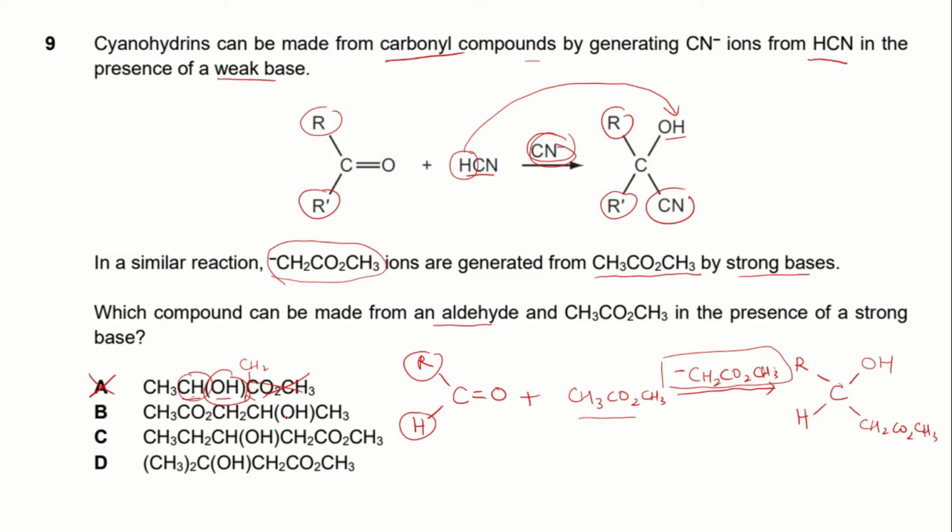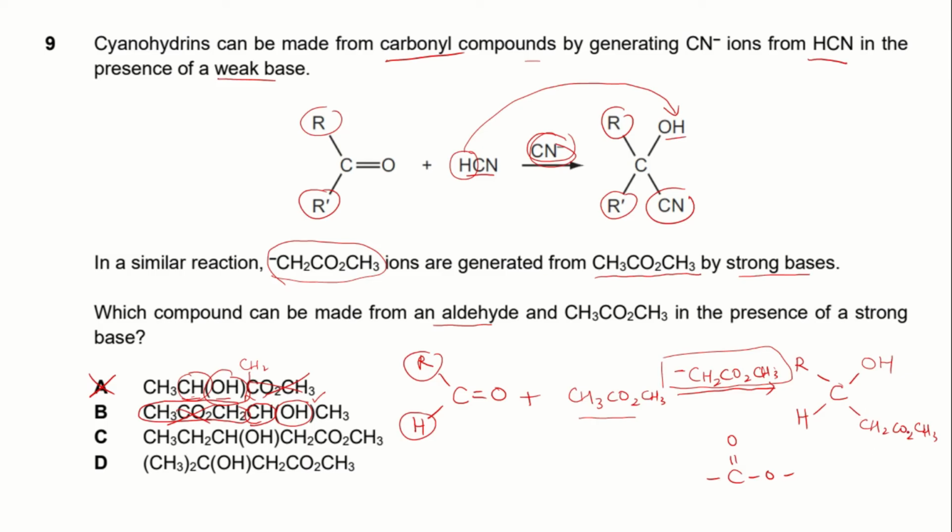Now let's look at B. B, I have the CH, which is correct. This CH is bonded to OH, which is also correct. Then, what about this base functional group? I have the CH2CO2CH3. Now this part is incorrect because you know how particular it is to write the position of the C double bond O in an ester.